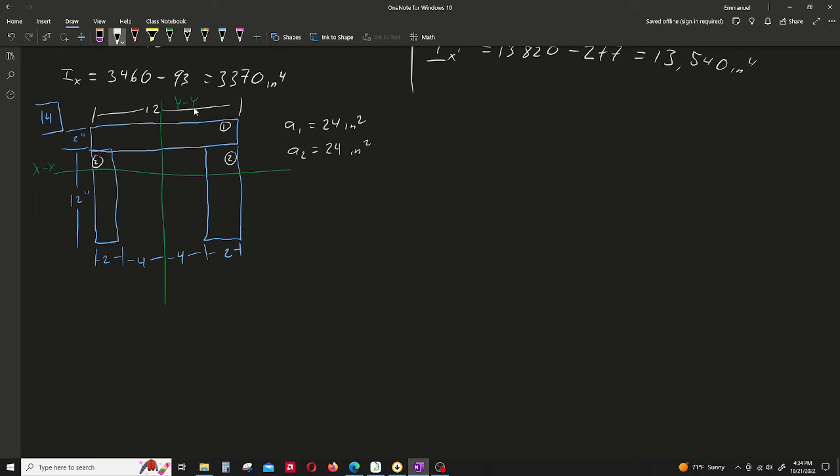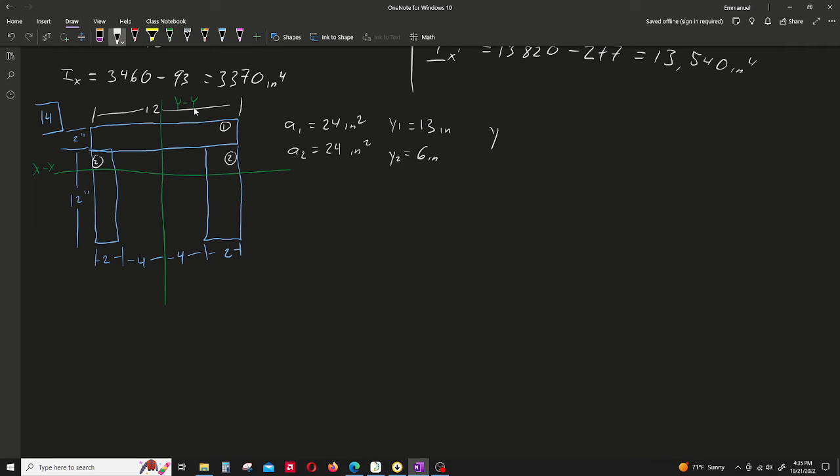The y, this one's real easy. It's just 6. And then this one would be the 12, the total 12 plus half of the top. So the y for this one is equal to 13.